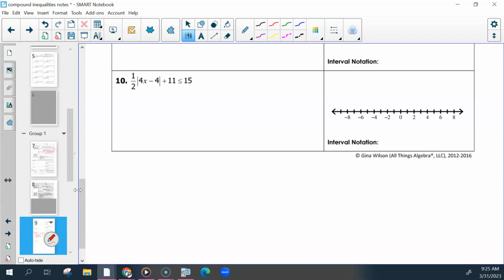Right, so we have to isolate first. What would be our first step? We have 1/2 absolute value of 4x minus 4 is less than or equal to 4. Still have to isolate. What would be our next step?